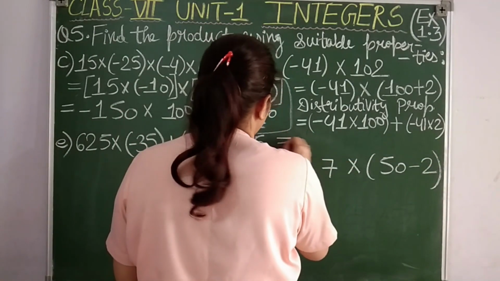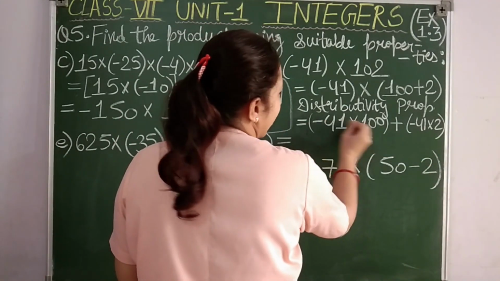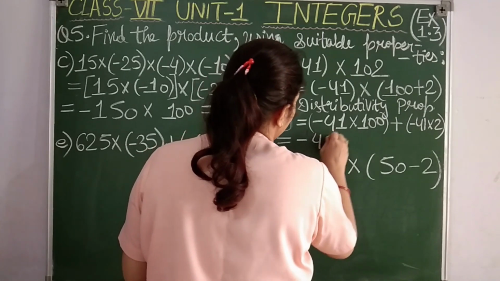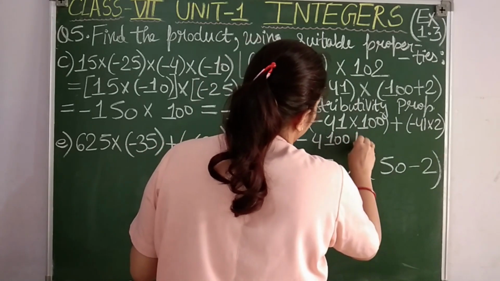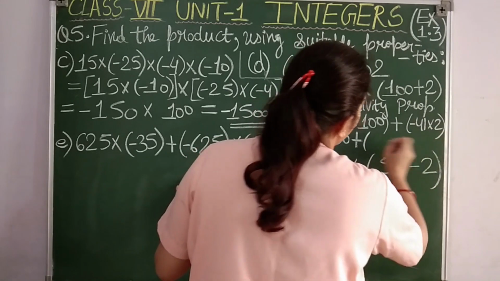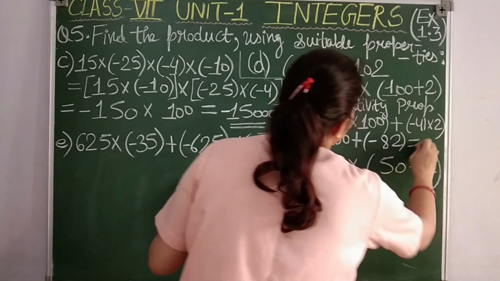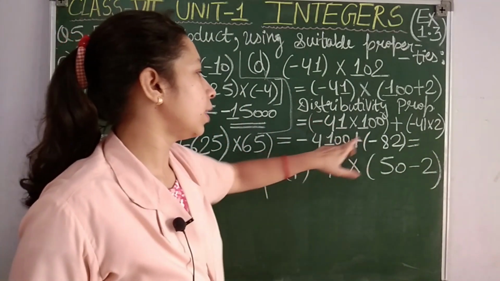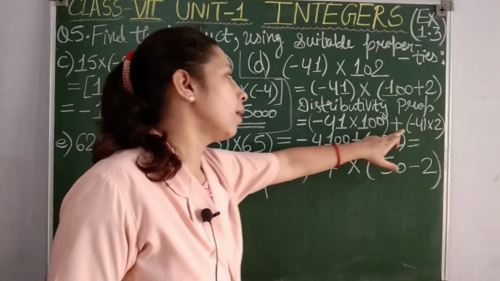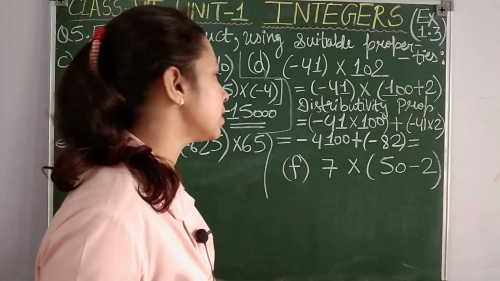Now see, minus 41 into 100 will get minus 4100, plus in bracket minus 41 into 2 will get minus 82. Clear, students?